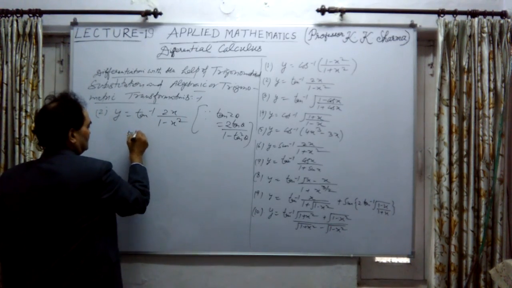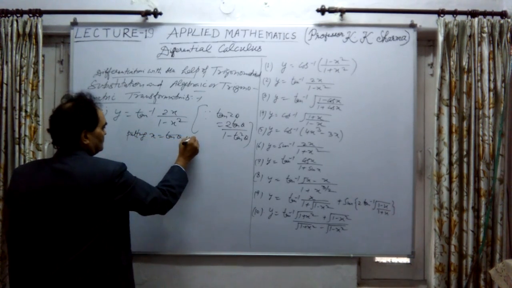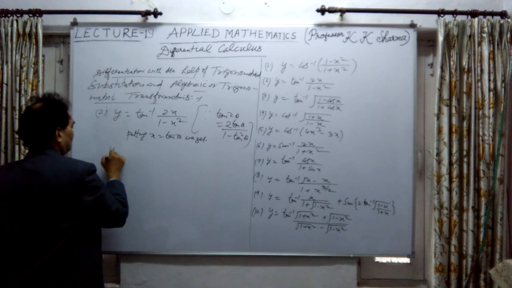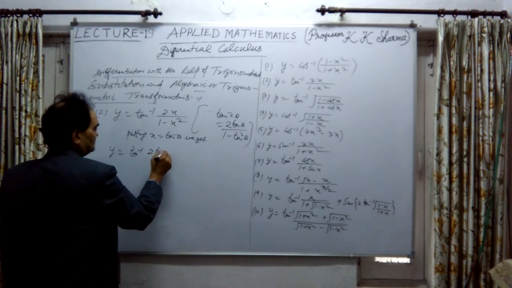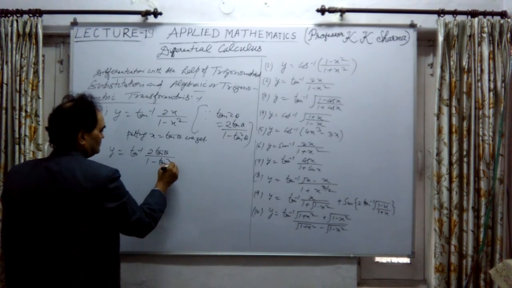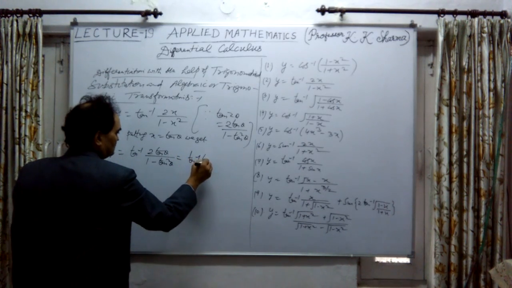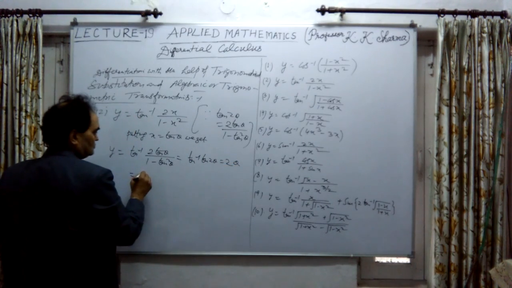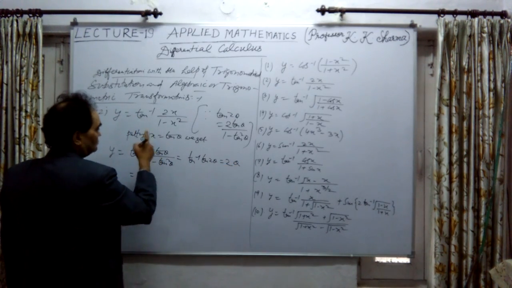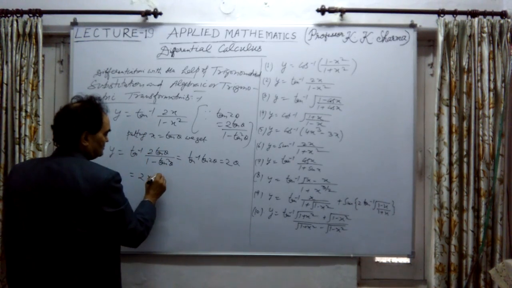Putting x equal to tan theta, we get y equal to tan inverse of 2 tan theta upon 1 minus tan square theta, which is tan inverse tan 2 theta, that means 2 theta only, that is 2 tan inverse x on substitution.